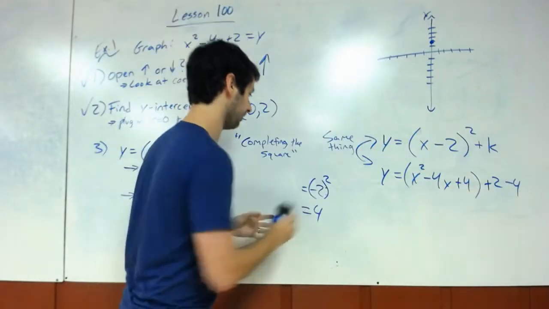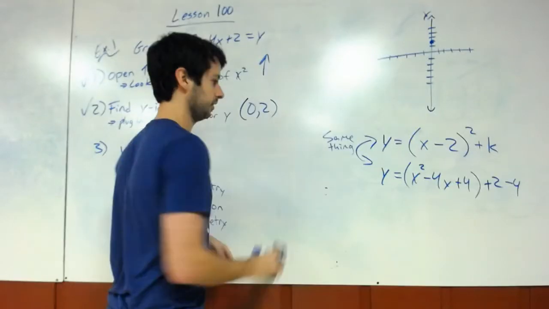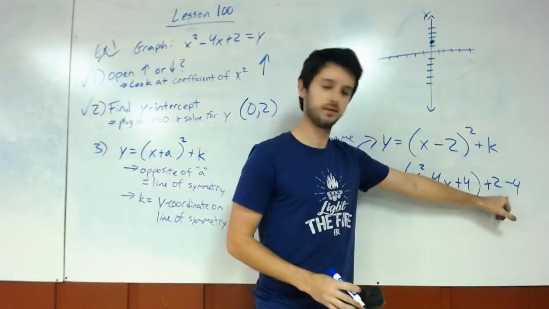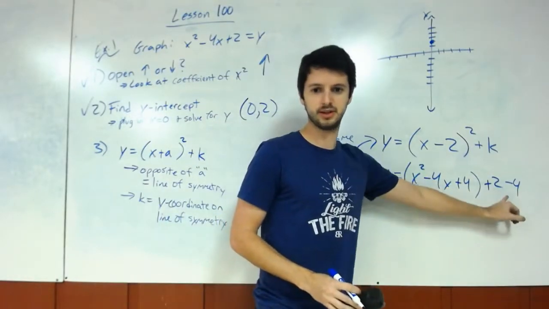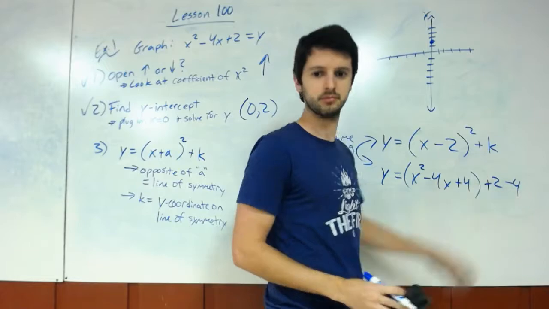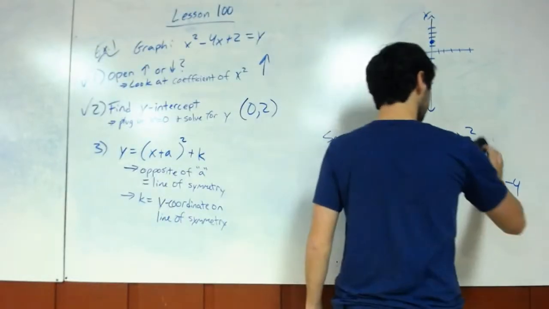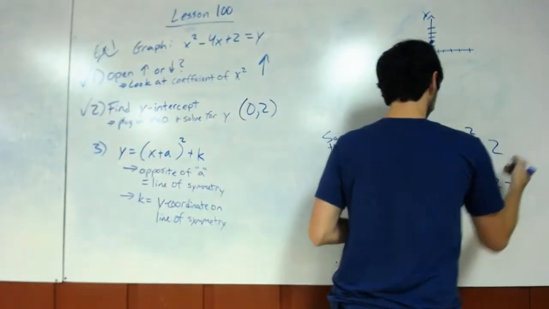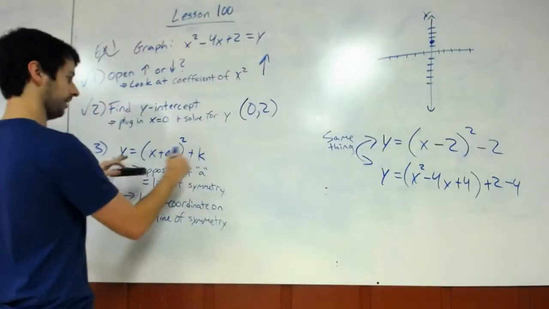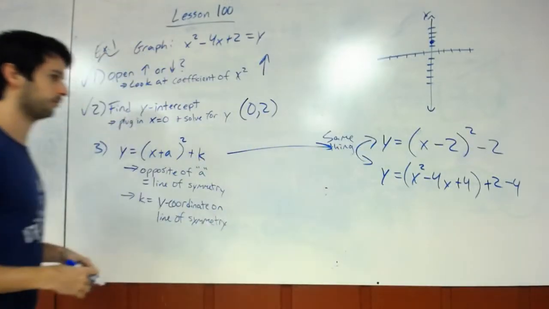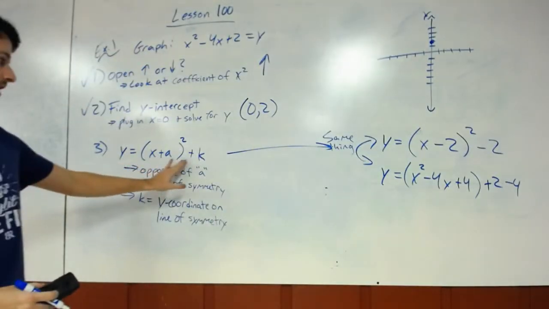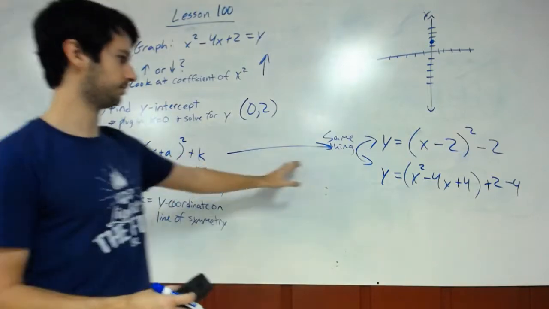So now we can solve for k. All you do to solve for k, add these two together. 2 minus 4 is negative 2, so k is a negative 2. So boom, we have it in the form of y equals (x plus a) squared plus k.